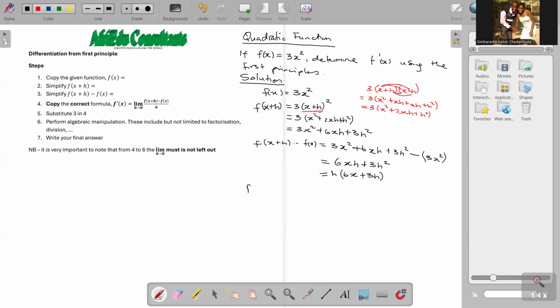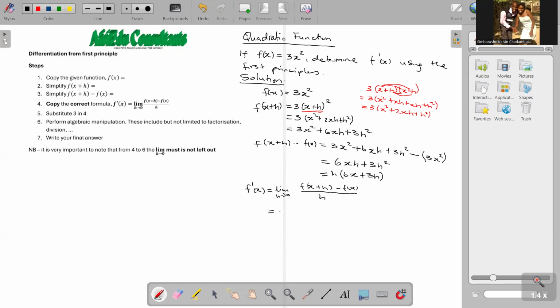So the correct formula is f prime of x equal to the limit as h approaches 0 of f(x + h) minus f(x), all over h. But the numerator here, we already simplified it on top.